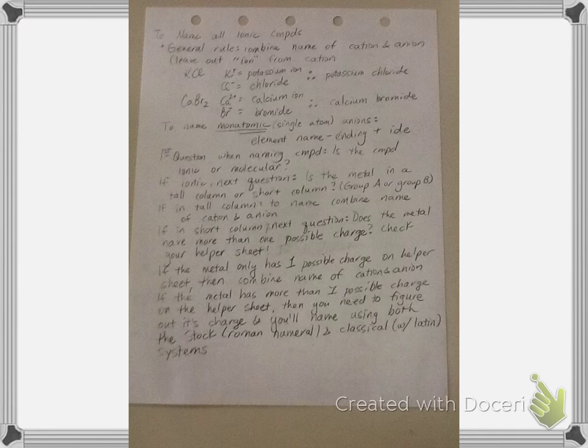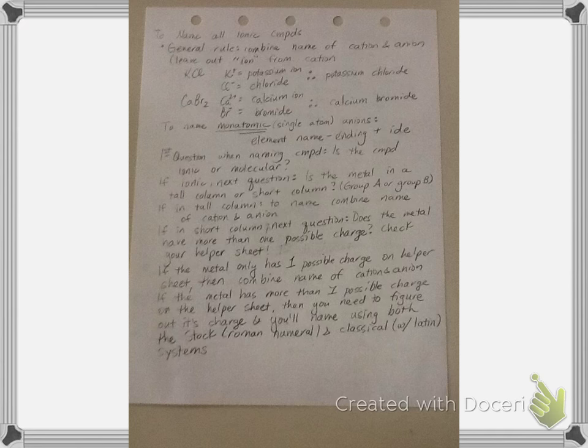So remember that we talked about naming positively charged ions, which are going to be your metals, when we're in a tall column, so the group A elements of the periodic table. It's simply the element name plus the word ion. For anions that are group A elements, so again, tall columns on the periodic table, we're going to take the element, and these will be nonmetals.